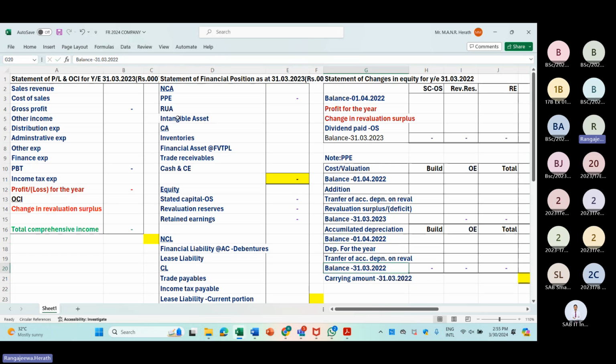So you can have the structure first. And you can start making the adjustments, right?